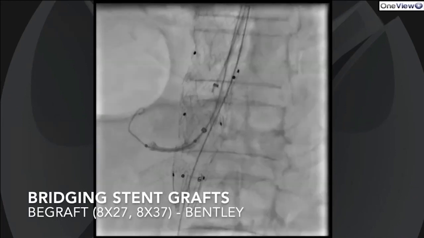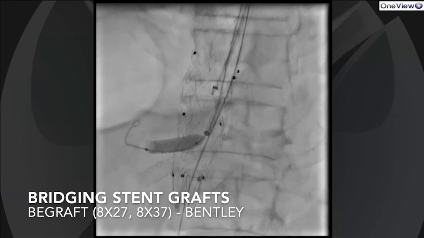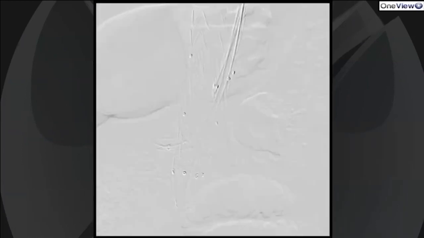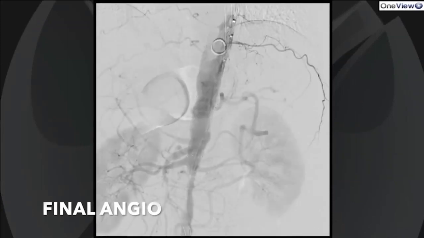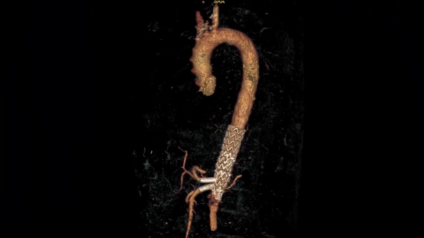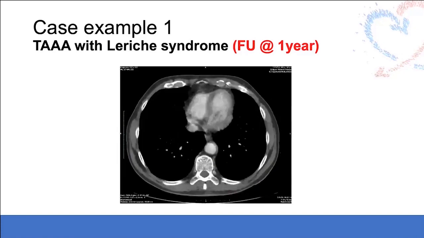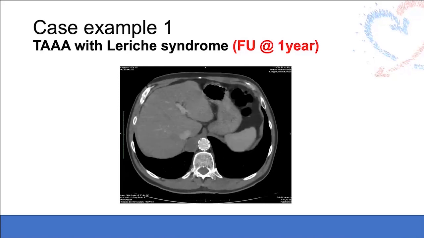We are inserting the bridging stent grafts to the fenestrations, and in this way we have a final really nice outcome with complete exclusion of the aneurysm. You can see there is no contrast agent inside. This is the 3D reconstruction, and in the follow-up CT scan, you can see a nice regression of the aneurysm sac.